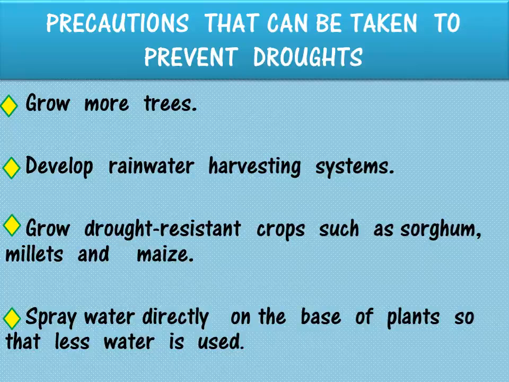In that way, they will not go into a situation of famine, children, because that's the worst situation, where children develop malnutrition and many deficiency diseases because of which they are not at all healthy. So these are the precautions that can be taken to prevent droughts.